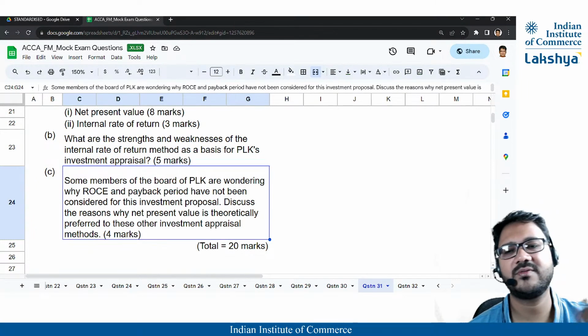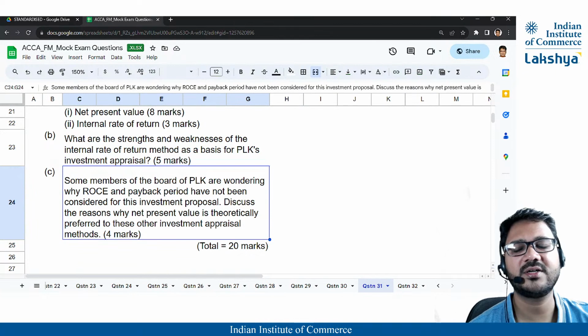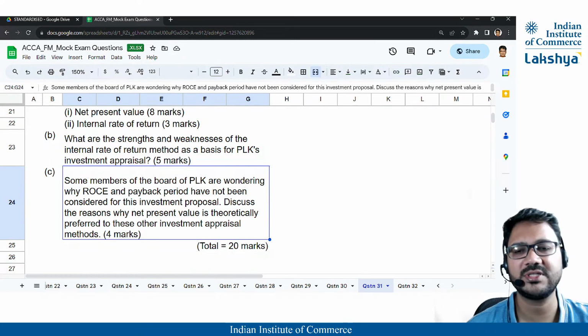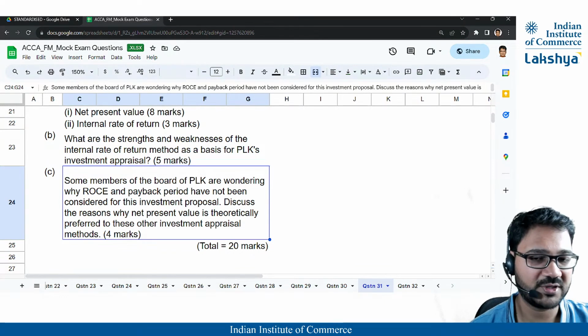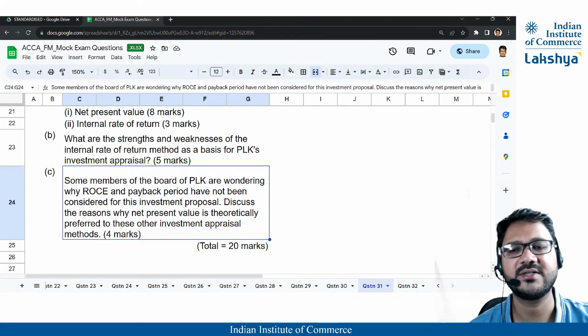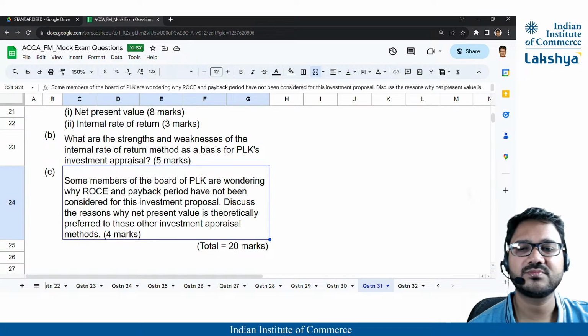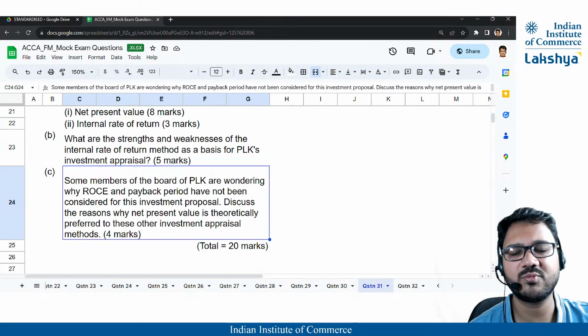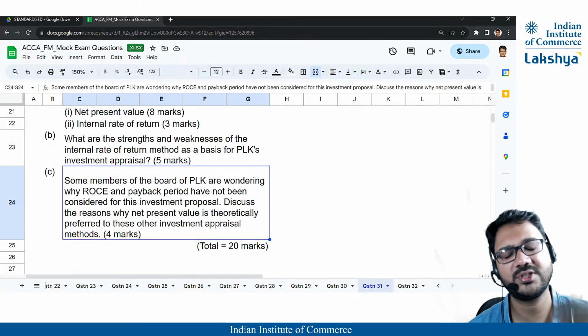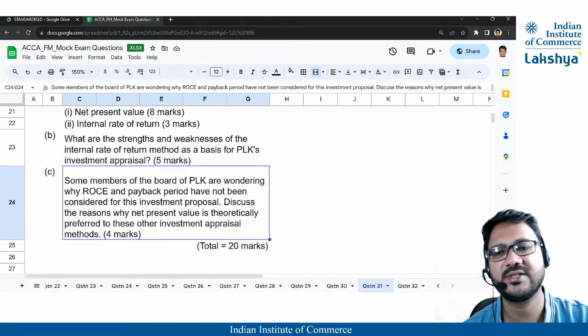Because NPV actually does lead to shareholders' wealth maximization, it is an absolute value. It's easy to understand, though difficult to calculate. So majorly, the major benefit of NPV is that it adds to shareholders' wealth maximization. It is cash flow based. It does consider time value of money.